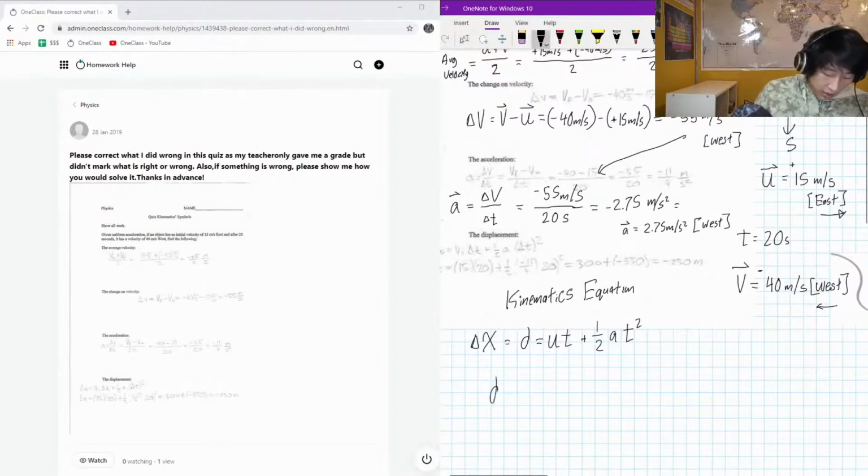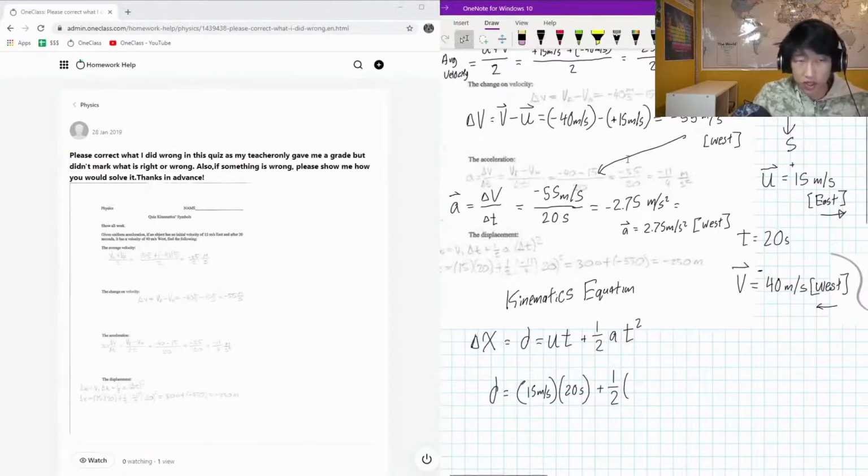Okay, so d is going to be equal to, our u value is positive 15. We're going to still follow our east-west, east positive, west negative convention. So our u is positive 15 meters per second, multiplied by our time, that's 20 seconds, plus 1/2 multiplied by our acceleration.